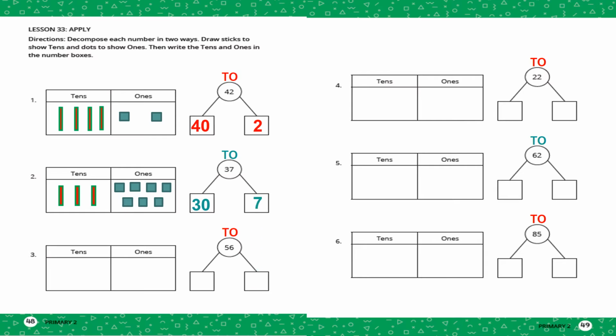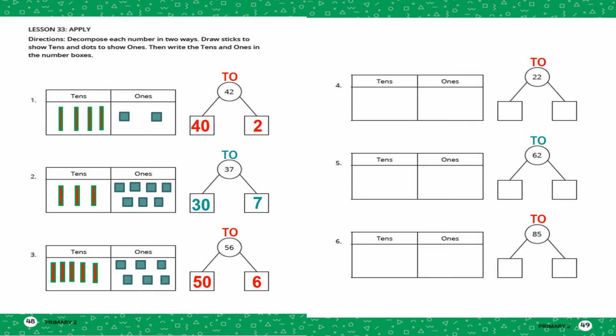Number 3, 56. Let's draw sticks in tens, small squares in ones. How many numbers do we have in tens? 5. So we will draw 5 sticks in the tens box. How many numbers do we have in ones? 6. So we will draw 6 small squares in the ones box. Let's decompose 56. 5 in tens, it will be 50. 6 in ones, it will be 6 as it is.